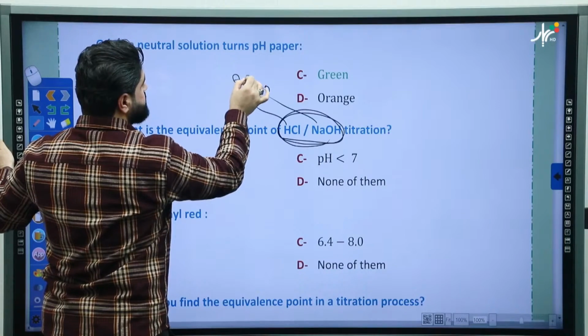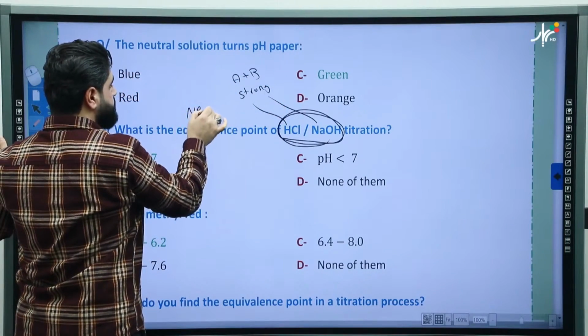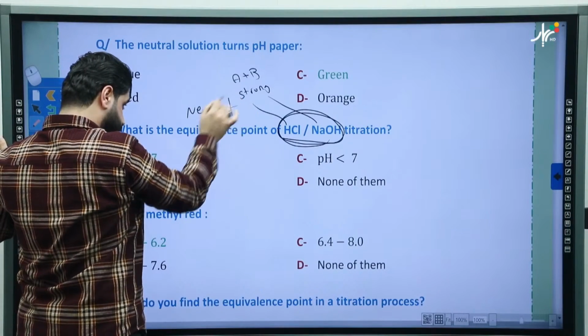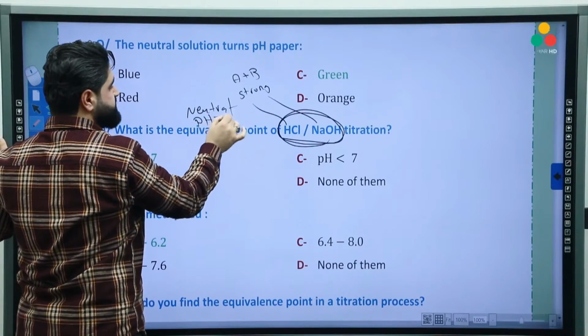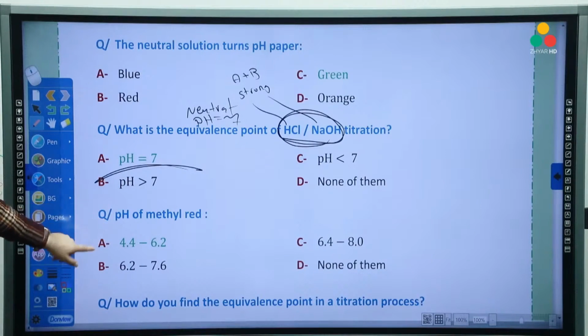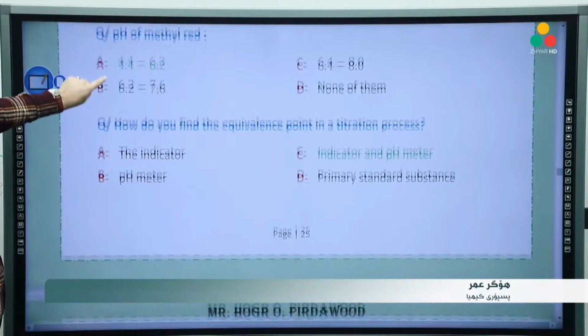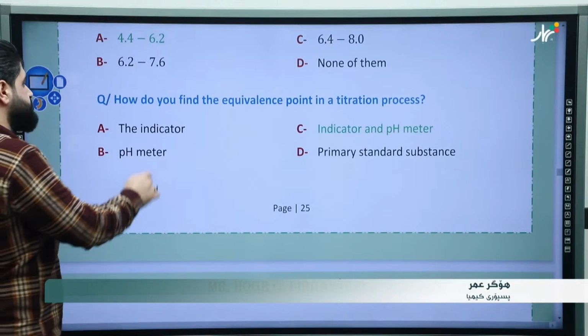Strong acid plus strong base, so the salt will be neutral. For a neutral salt, pH equals 7. The pH range of methyl red, you have to memorize, as I told you, is 4.4 to 6.2.